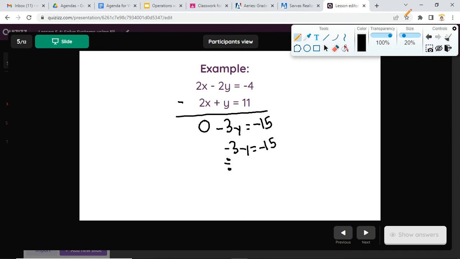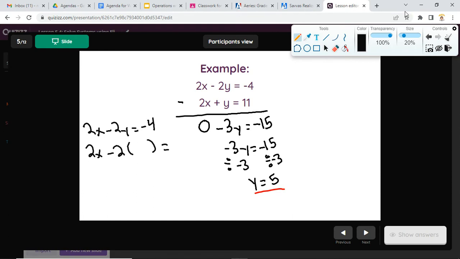All right, so to cancel out multiplying by negative 3, I'm going to divide by negative 3 on both sides, and that will give me y equals 5. Alrighty, so now that I found y equals 5, I'm going to go to one of my original equations, 2x minus 2y equals negative 4, and I'm going to replace the y with what I found y was equal to.